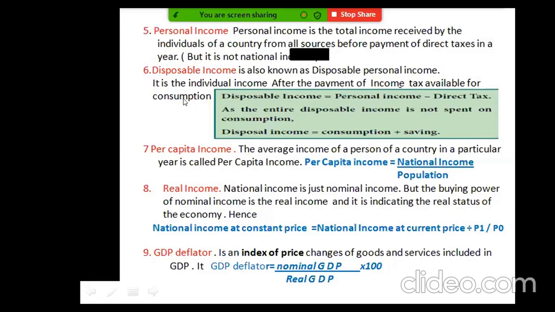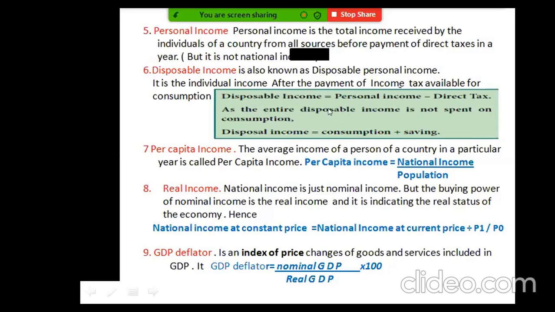That is, after paying the income tax, he is free to spend his whole money, or otherwise keep part of the money for savings. That's why, as you see in the highlighted paragraph, disposable income is equal to personal income minus direct tax.